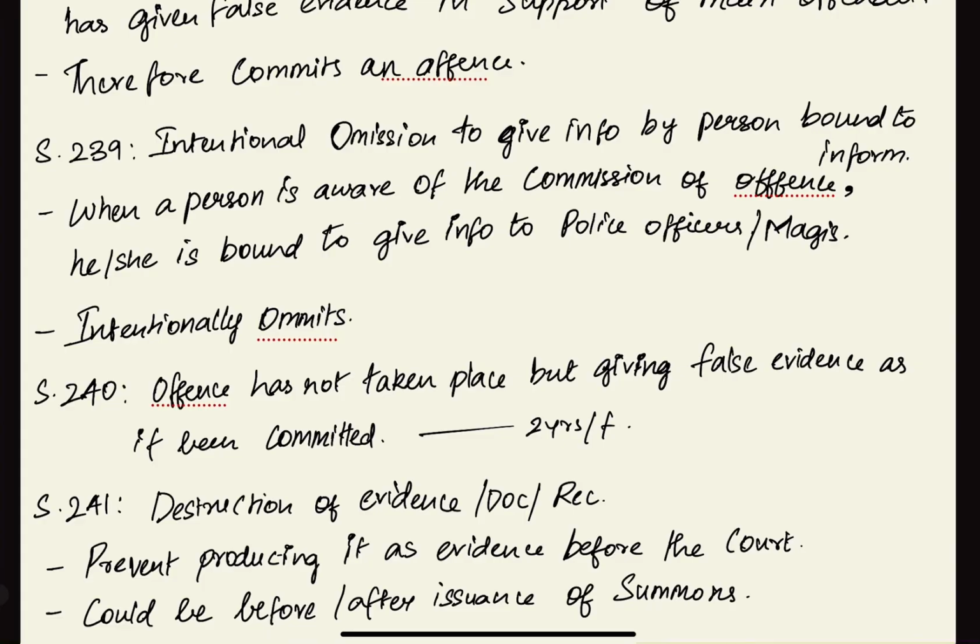Section 239 deals with intentional omission to give information. So when a crime has taken place, every witness or any person who was there at that particular incident and knows of the commission of such offense is bound to give information to the police officers and magistrates.